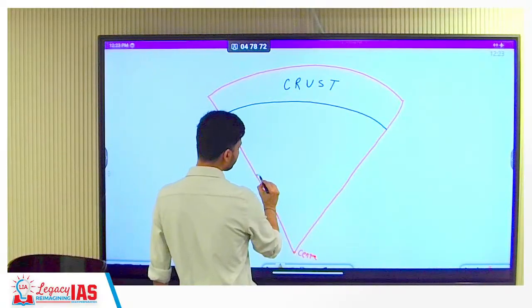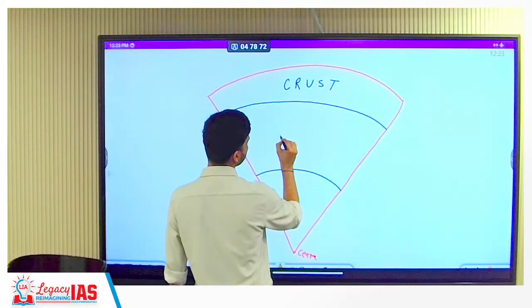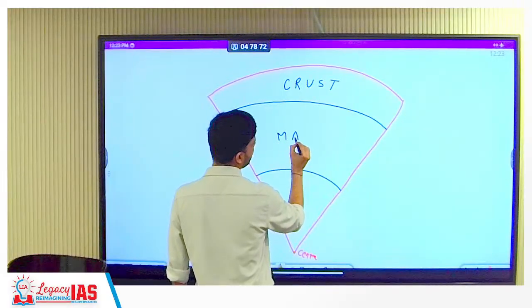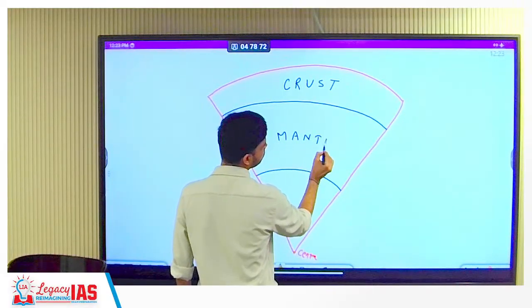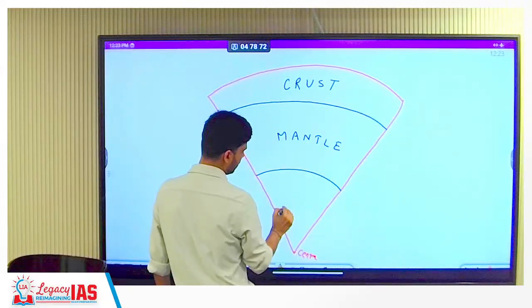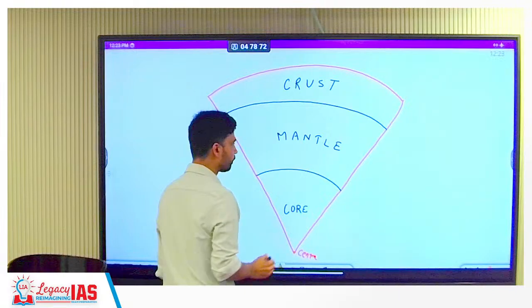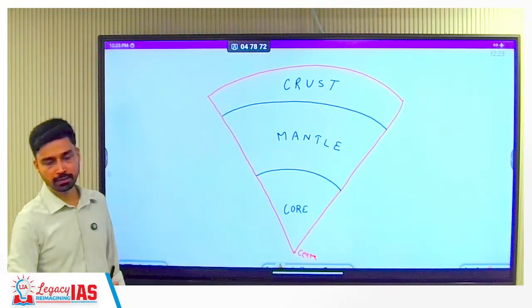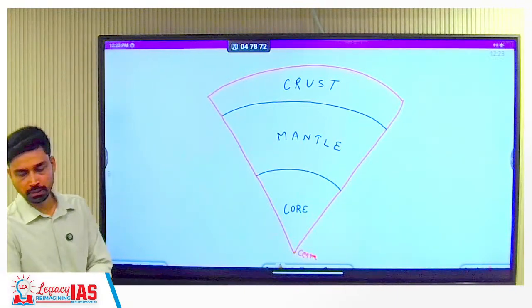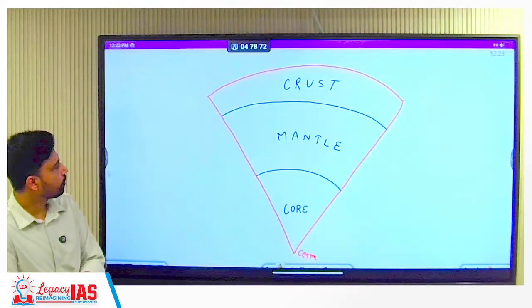The middle layer is referred to as mantle, and the innermost layer is referred to as core. So crust, mantle, and core. These are the three layers of Earth.